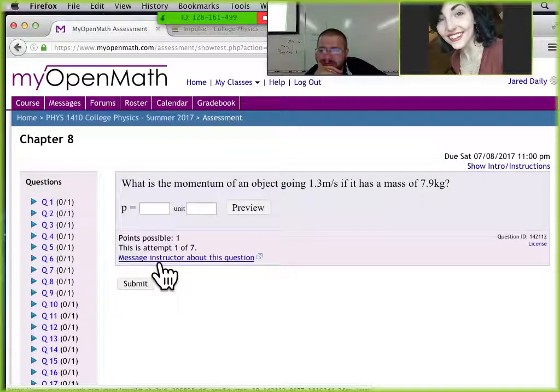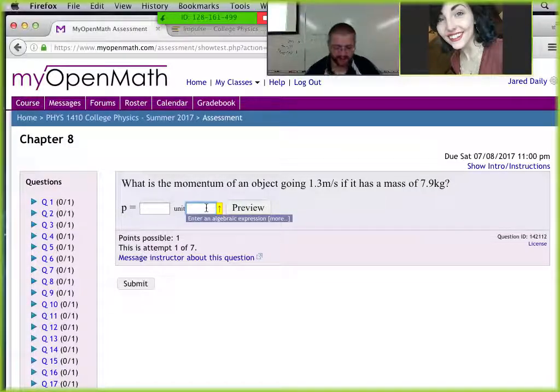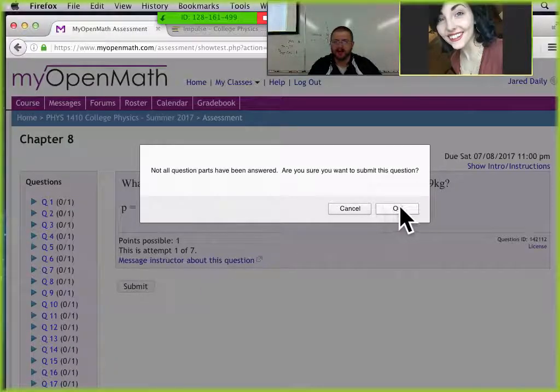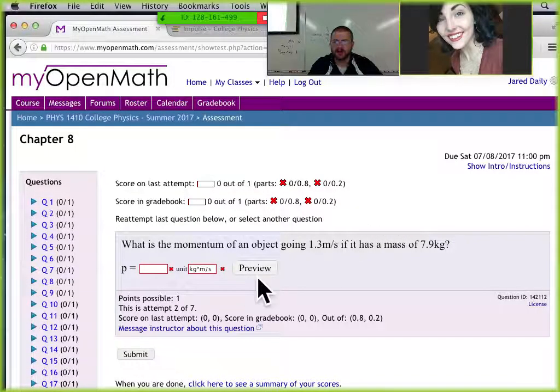Okay, I don't know why that would be wrong. The correct answer is a negative answer. Does that make any difference? No, it shouldn't. Huh. Kilograms, meters per second.